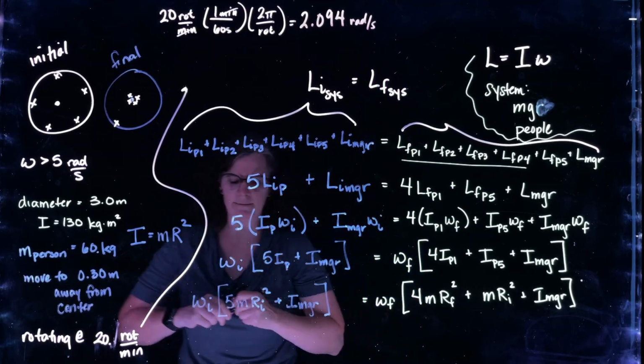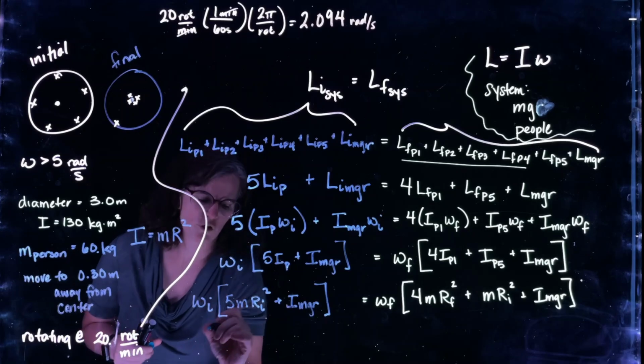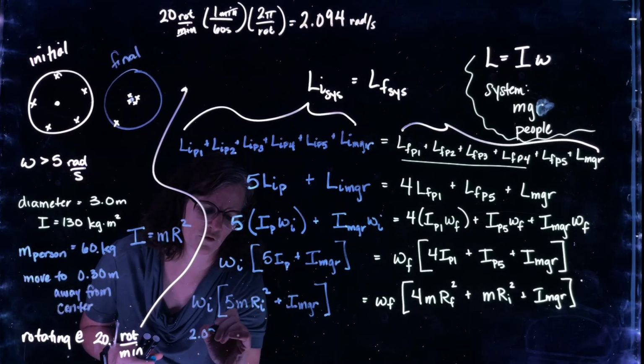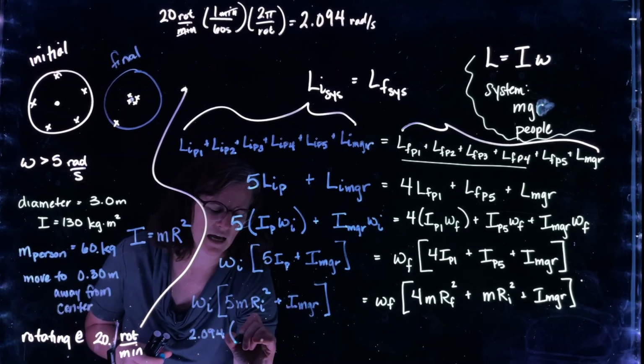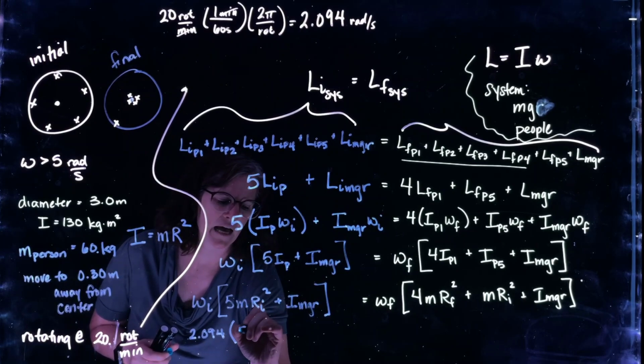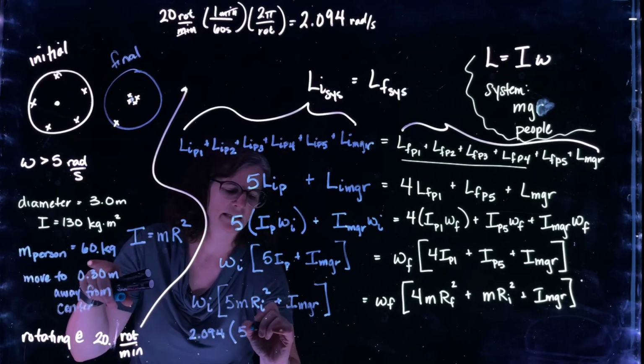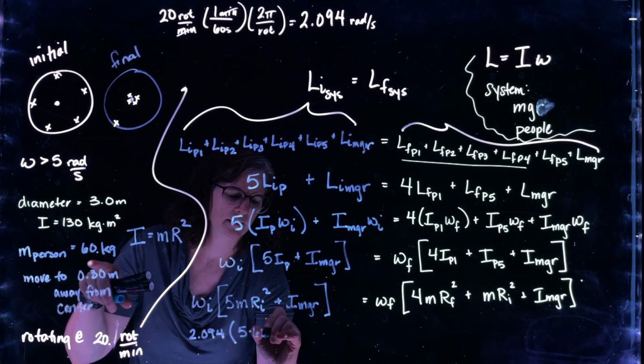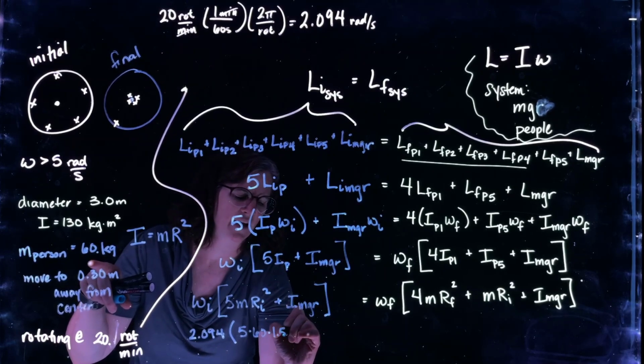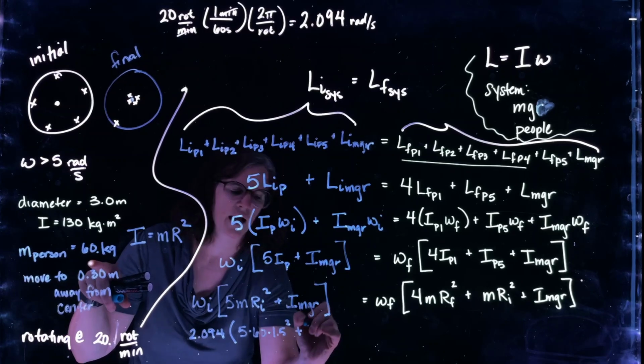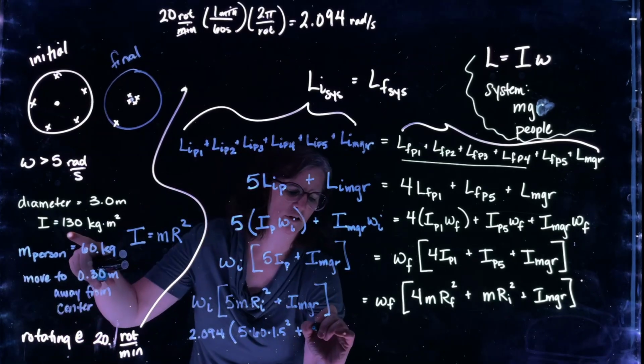I forgot to do that divided by 60. So we have 2.094 times 5 times 60 times 1.5 squared plus 130.